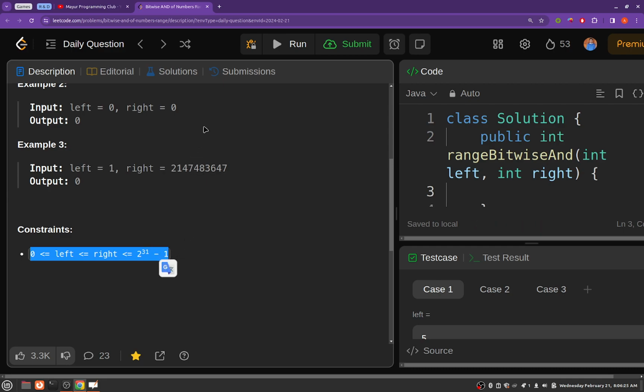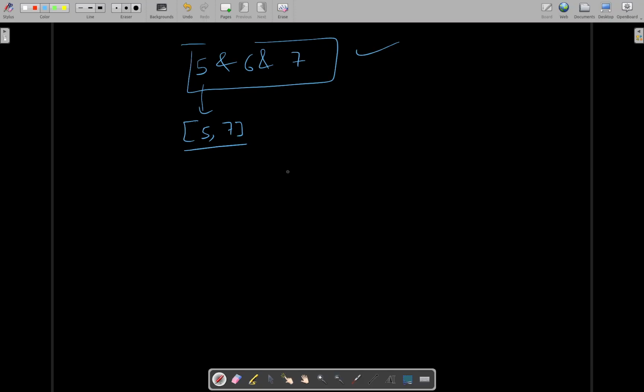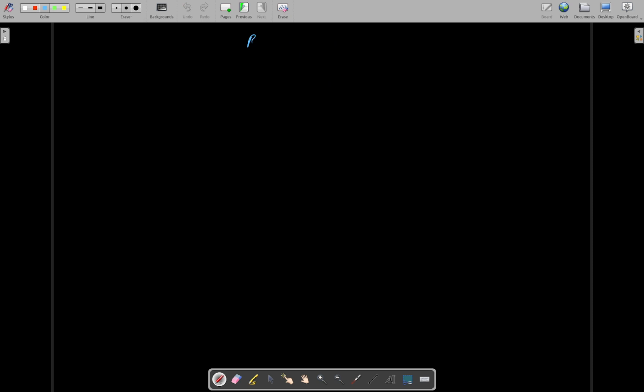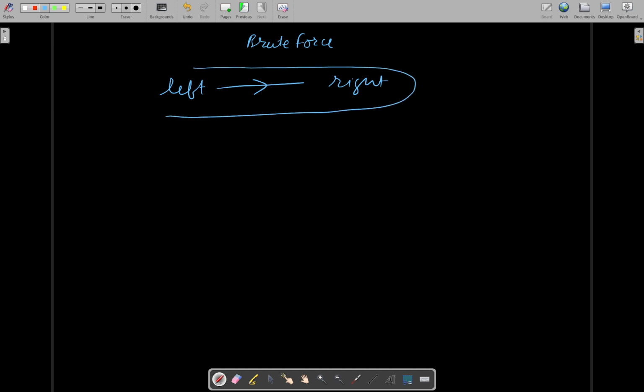If we consider a brute force way to solve this particular problem, then we can just loop over left and right. Run a loop from left to right in this range and do bitwise AND of all the numbers in the range.